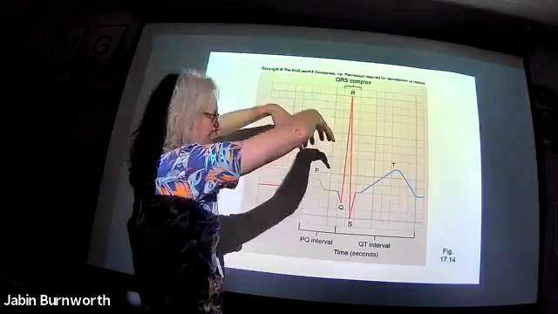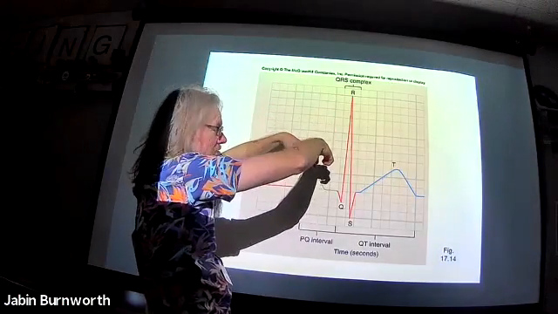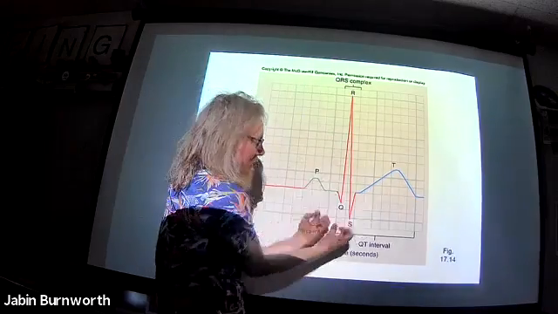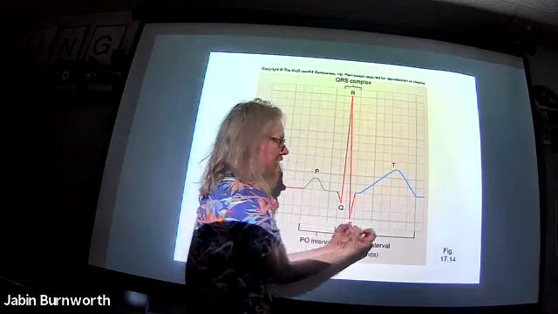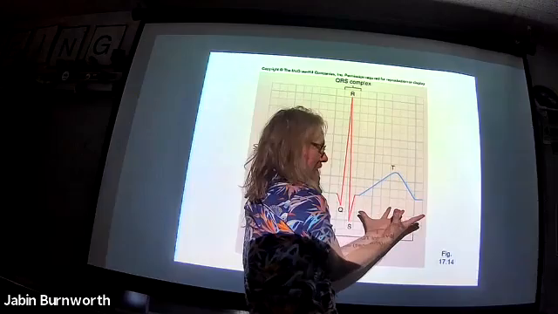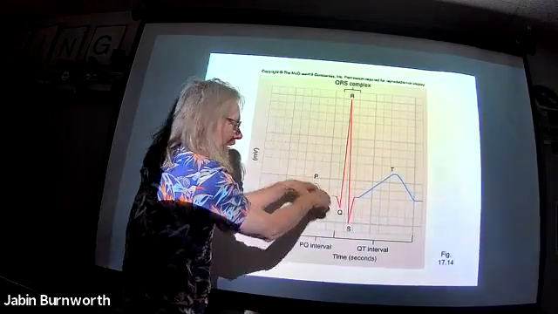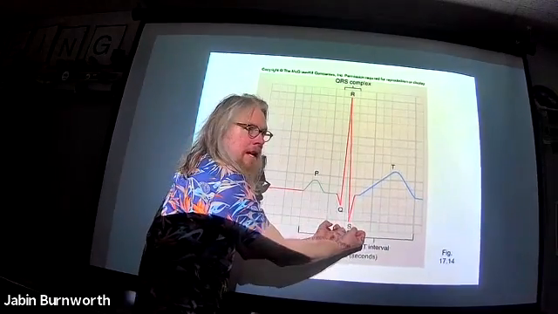So remember from our EKG, the P wave is when the atria contract, the QRS is when the ventricles contract, the T wave is when the ventricles relax. The atria are relaxing when the ventricles contract, right?